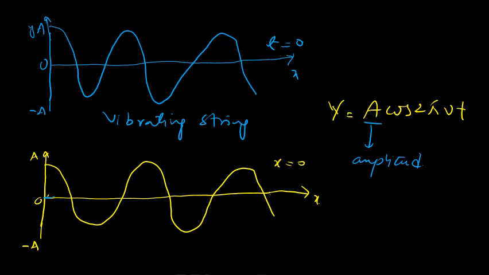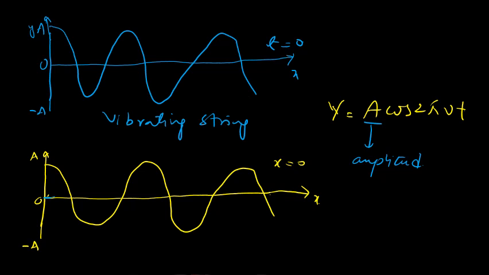So at any future time t, the displacement at the same point x equal to 0 can be represented by y is equal to a cos of 2 pi mu t.